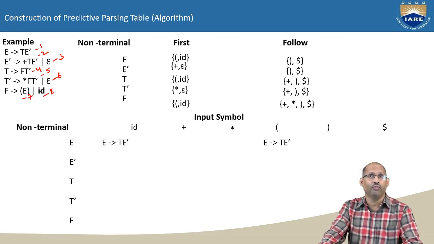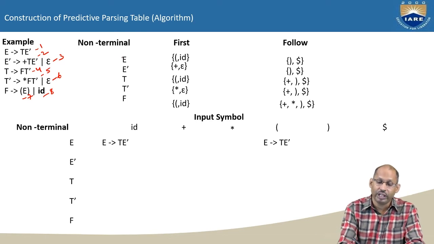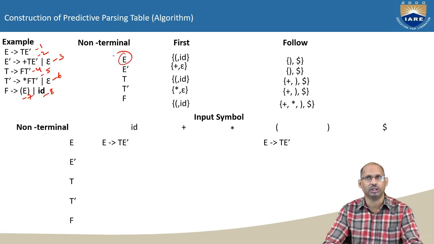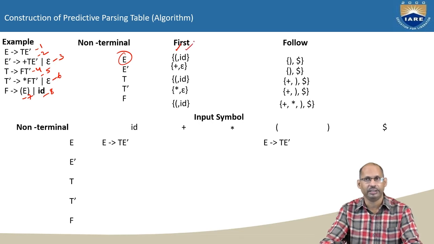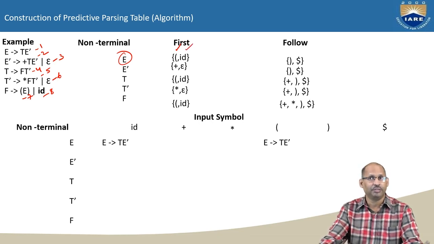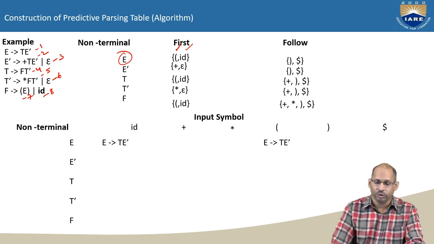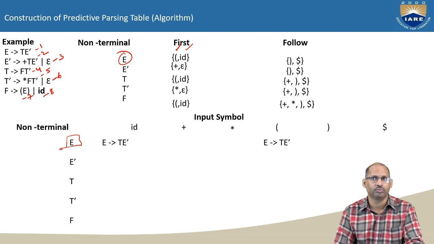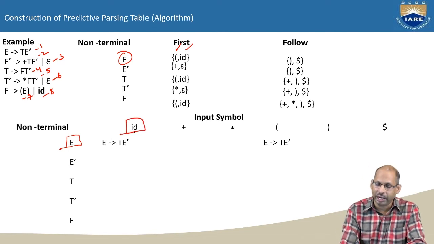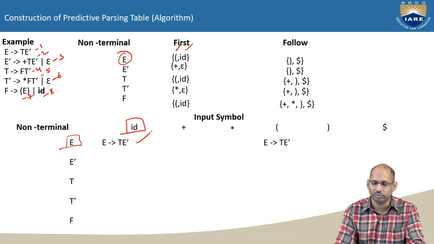Now, first production, the first variable E. Where we have to write this first production? What is the first of E? Left parenthesis and ID. Right? So, in the E row and in the column ID, we write the first production.